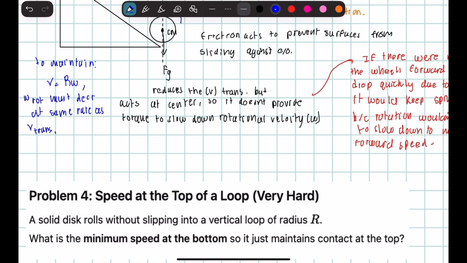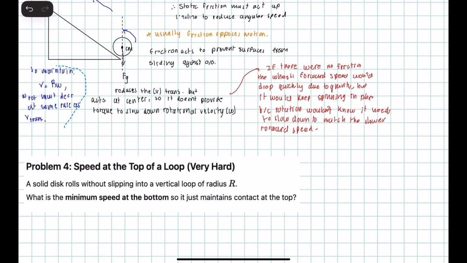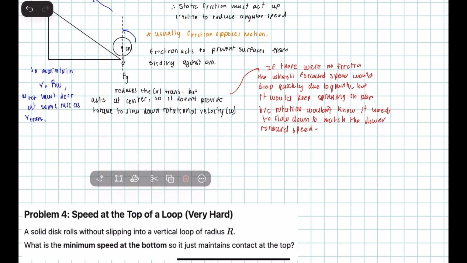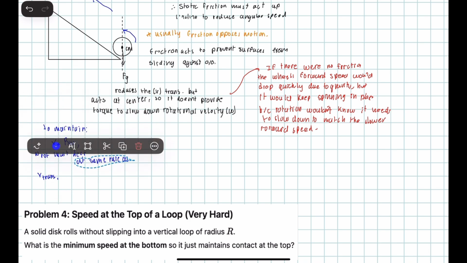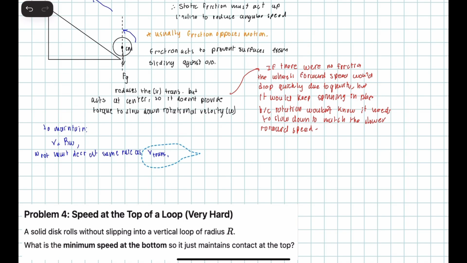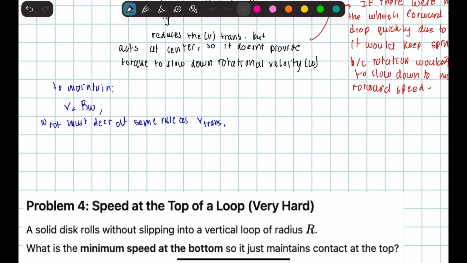So how do we reduce each of these? Well, this is reduced using torque, and this is reduced using force.